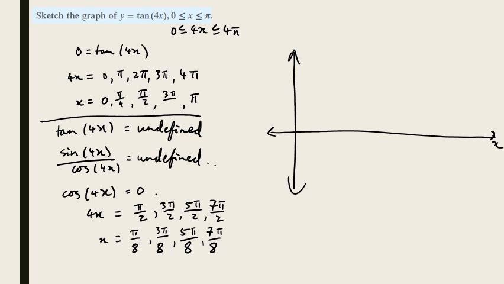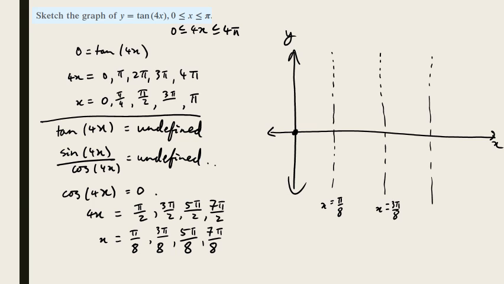Make sure you leave plenty of space, as you saw before. My suggestion is always put the asymptotes in first. That way your graph is always going to line up nicely. Like so.